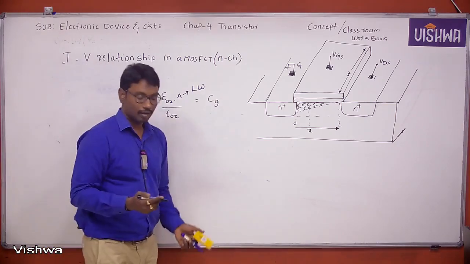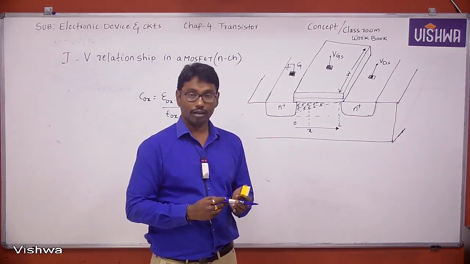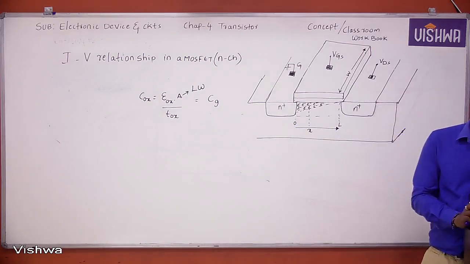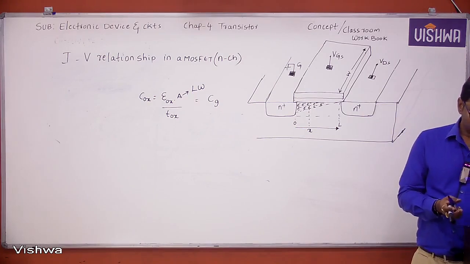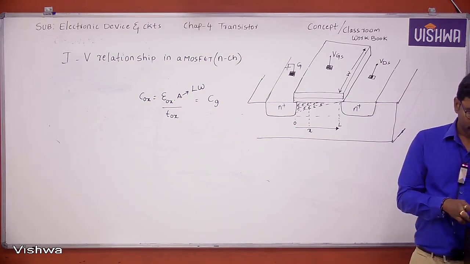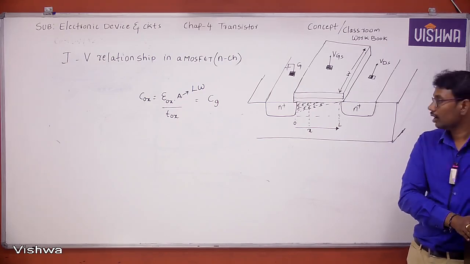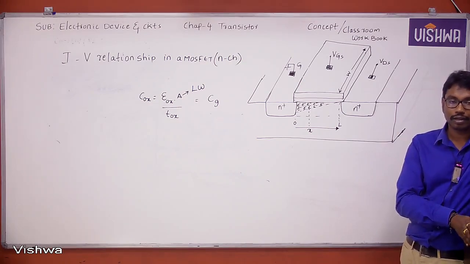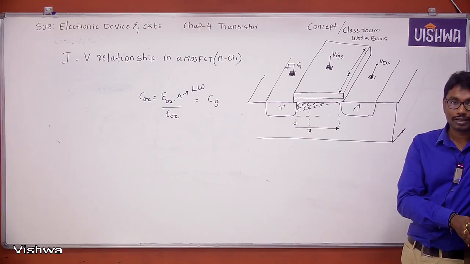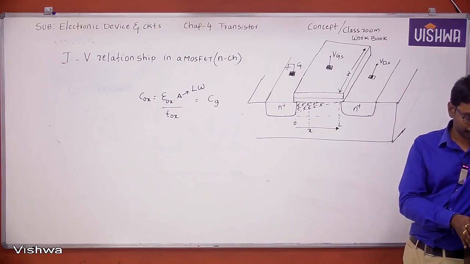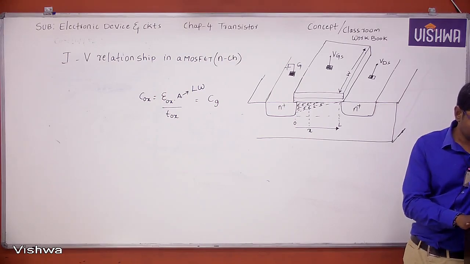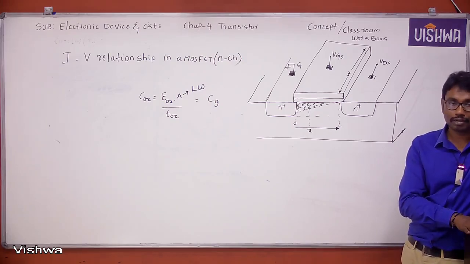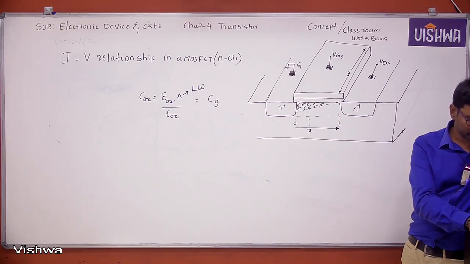Oxide capacitance and gate capacitance are both the same. Write down this point first. In a MOSFET, the metal, meaning the gate, and the channel are separated by an oxide. This structure resembles a parallel plate capacitor.